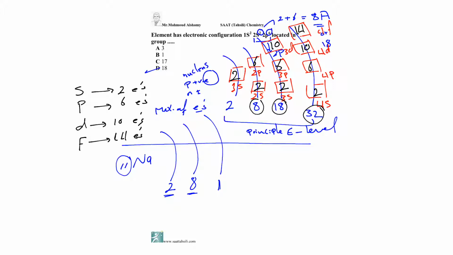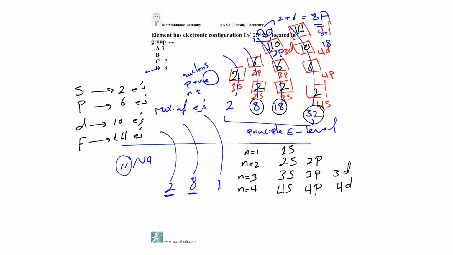What about the sublevels? How can I write the sublevels? As you know, in the first level we have 1 sublevel, 1s, and in the second level we have 2 sublevels, 2s and 2p. In the third level we have 3 sublevels, which are 3s, 3p, and 3d. What about the fourth level? We have 4s, 4p, 4d, and 4f.